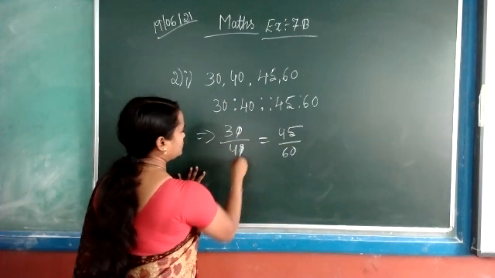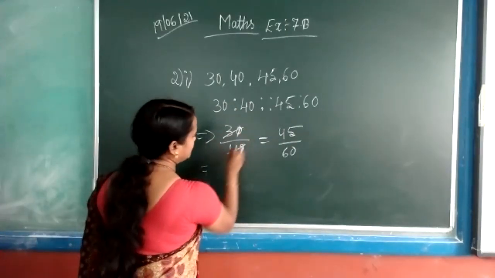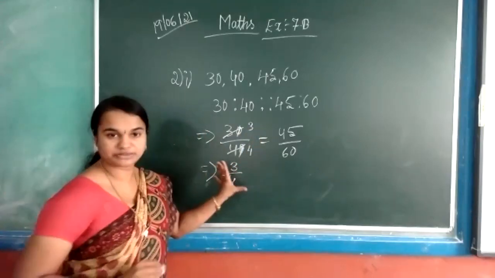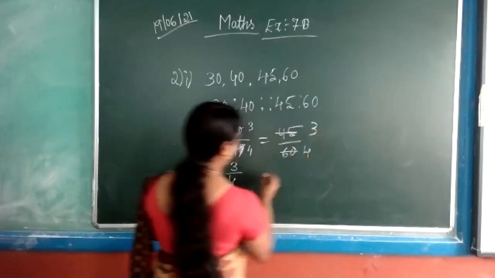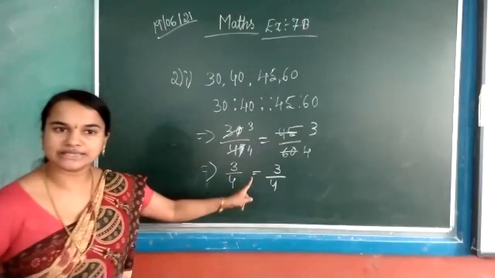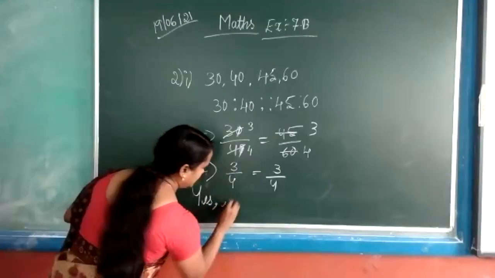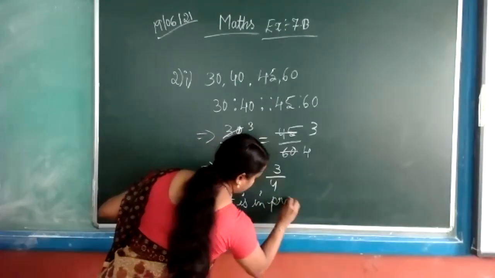So 0, 0 cancel, that means 10 3s are, 10 4s are. That means we are getting 3/4 in the first part, and 15 3s are, 15 4s are, so here also we are getting 3/4. Now you can see both are equal. So yes, it is in proportion.